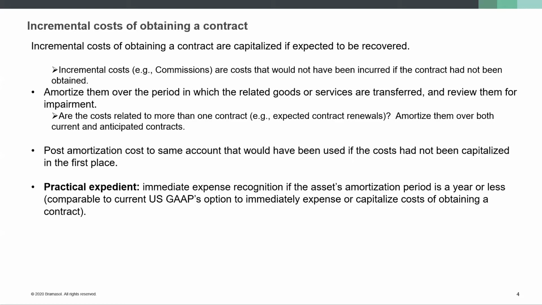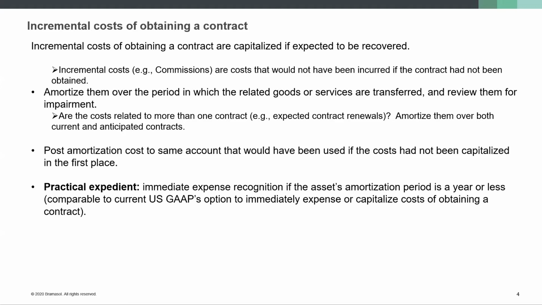This is a very big step and a very different approach from previous accounting guidance. Why? If you look at commissions, commissions used to be recognized as they were incurred. So if I have a 12-month contract and I'm recognizing revenue over 12 months, when the salesperson earned that commission, it would usually be the day he signed the contract. So therefore, you recognize all the expense in 1 month.